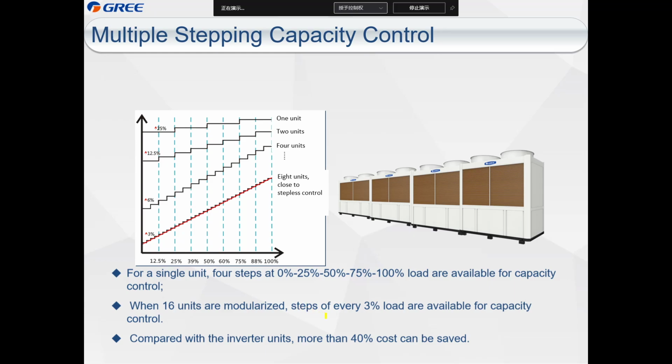For the modular system, when 16 units are modularized, the minimum working load is 3%. 3% load is available for capacity. So the advantage is that under part load, the unit can consume less energy.